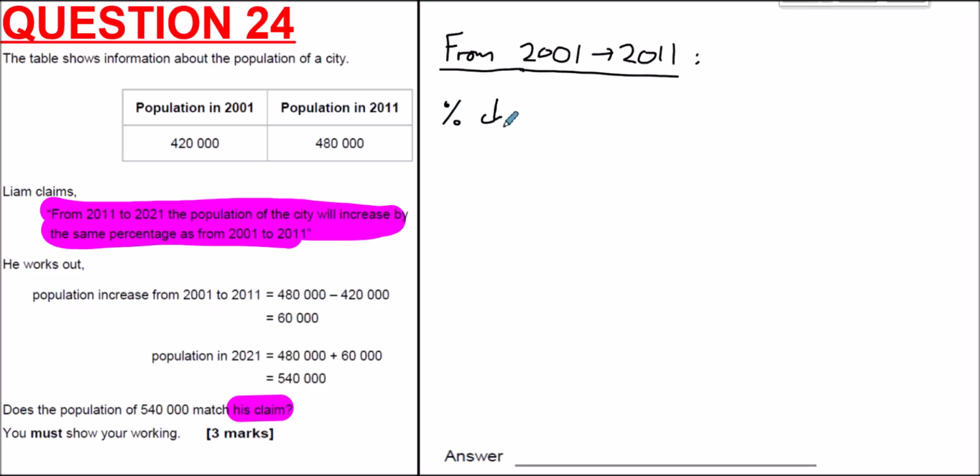We can use this formula for any sort of percentage change. The percentage change is the actual change as a fraction of the original value, then multiplied by 100.